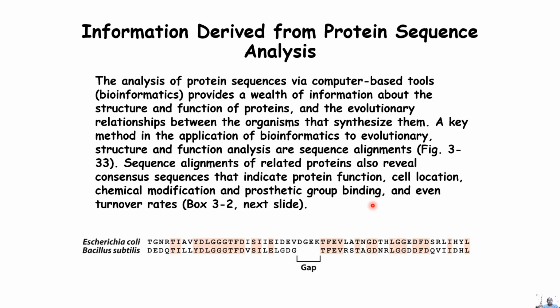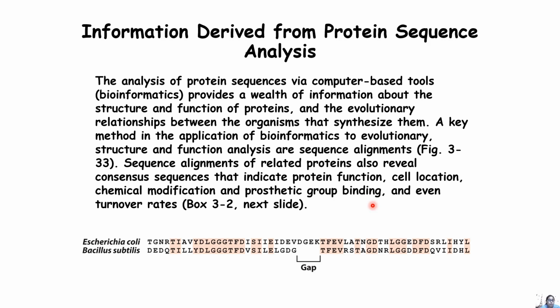Now, what information can be derived from the protein sequence and analysis steps? The analysis of protein sequences via computer-based tools, or bioinformatics, will provide a huge amount of information about the structure and function of proteins.